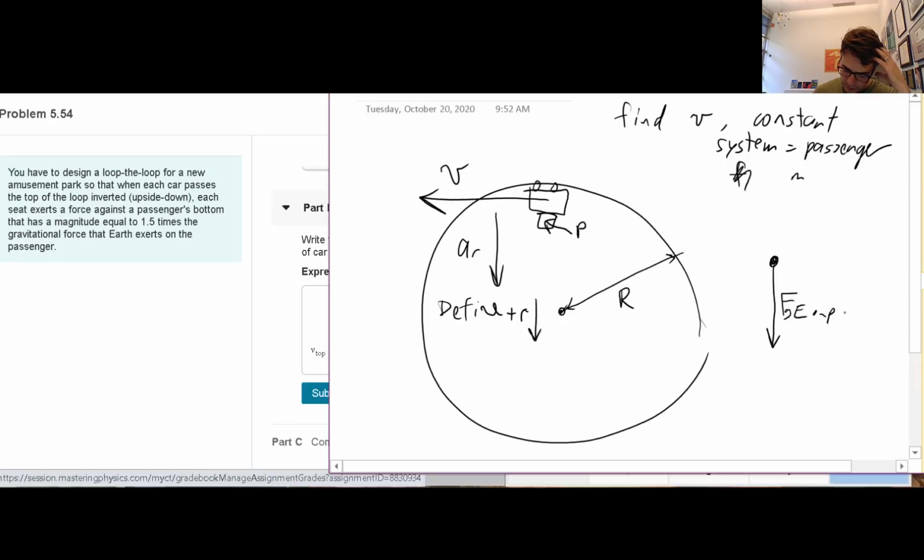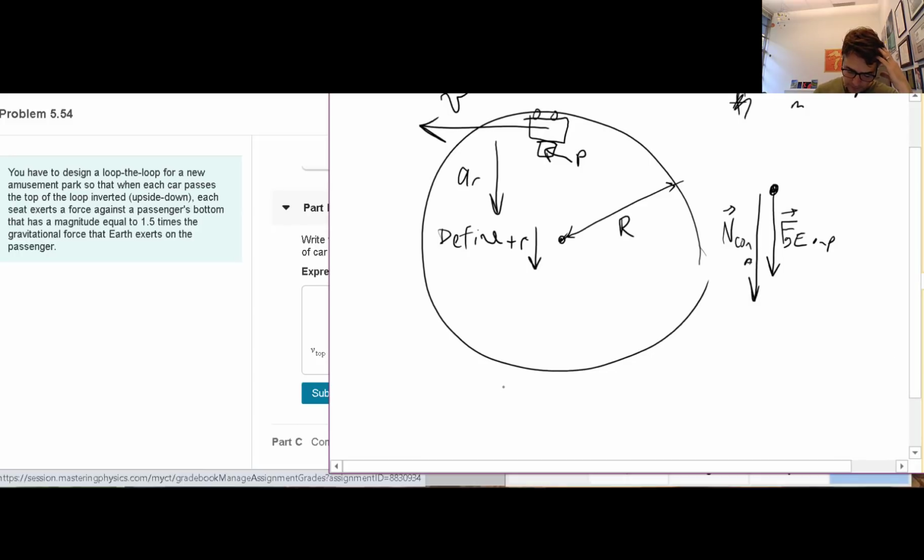That's the gravity force. And second, there's going to be, this would be 1.5 of it, the normal force of the car on the passenger. And the acceleration is in the down direction. So basically, acceleration is equal to v squared over capital R is equal to the sum of all the forces in the r direction. Let's get my eraser.